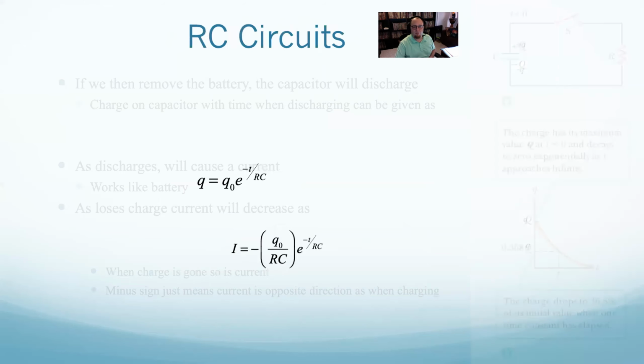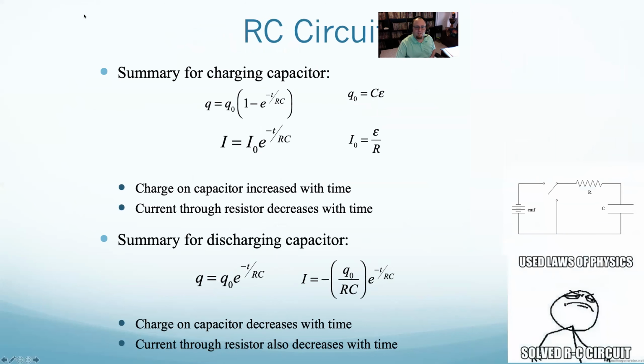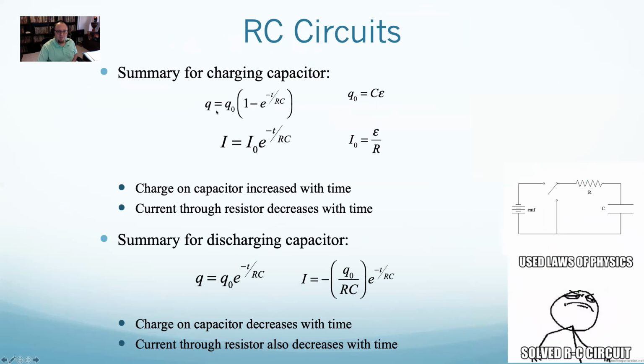So here it is all at once. Charging a capacitor, this is how the charge goes as a function of time, the current goes as a function of time. Discharging a capacitor, there's the current and charge as a function of time.